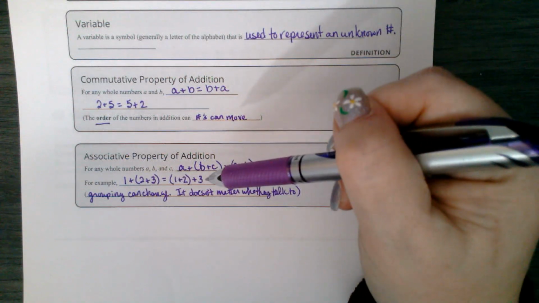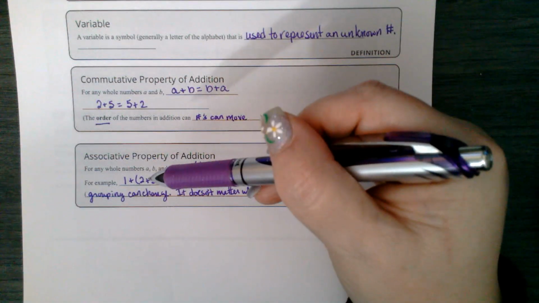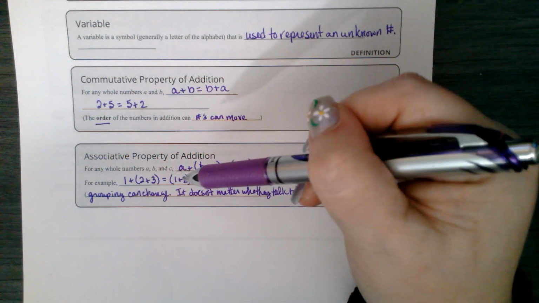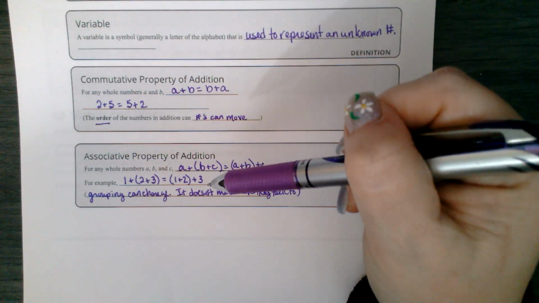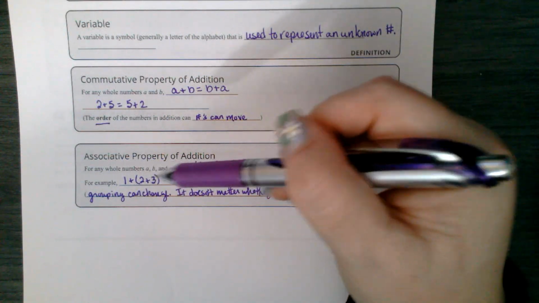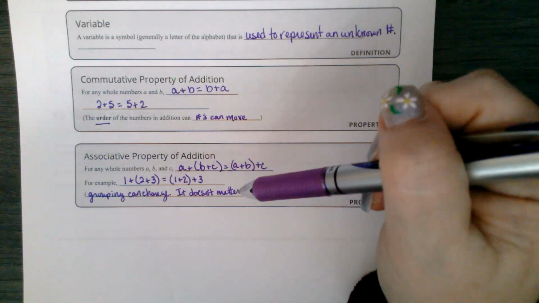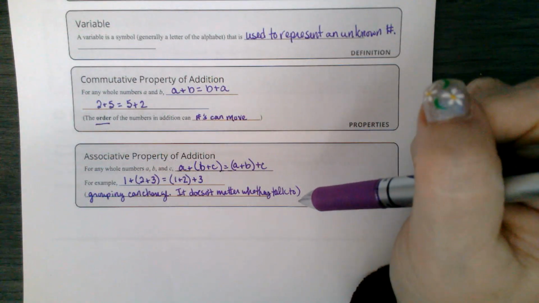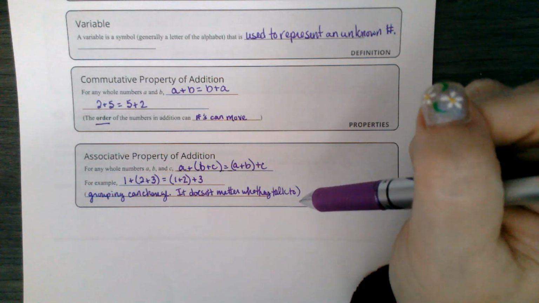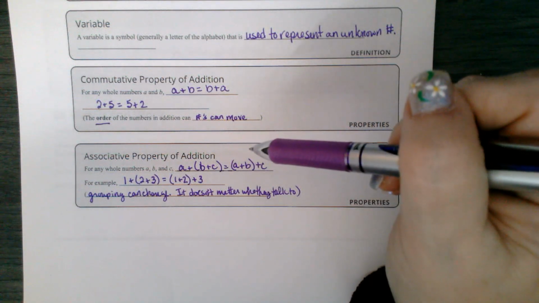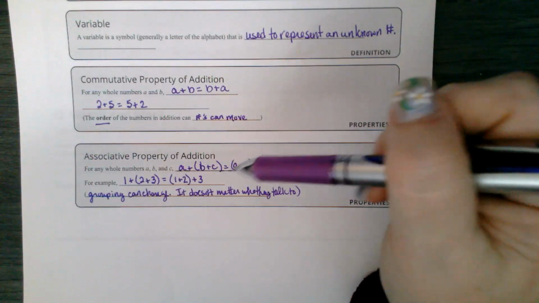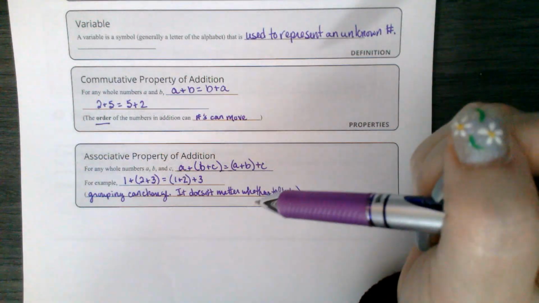Over here you're going to get 6. Doesn't matter whether you do the 2 plus 3 first, or the 1 plus 2 first. You're going to get 6 either way. Doesn't change your answer at all. All that changes is who you talk to. So it doesn't matter who they talk to. It's going to be true either way. That's what this property is saying. The associative property of addition is true. They can associate with whoever they want to.